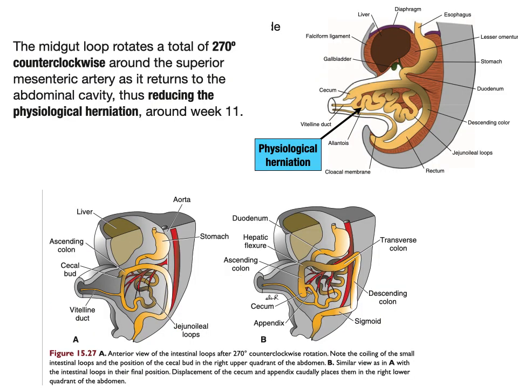Here the image at the top is showing how the intestines are forming that physiological herniation towards the umbilical cord. So we can say that this primary intestinal loop protrudes inside the umbilical cord like a bobby pin, with the superior mesenteric artery growing between the two limbs of the loop.